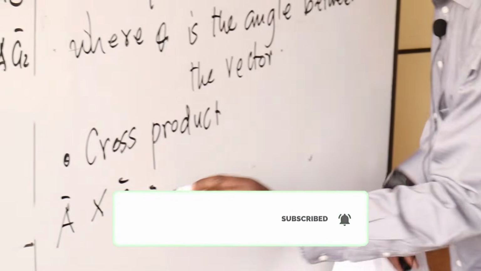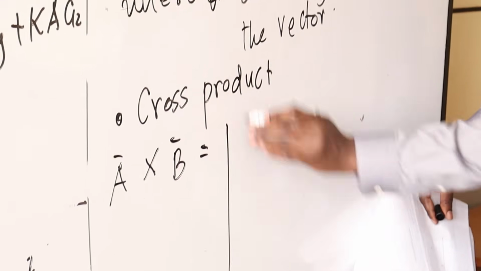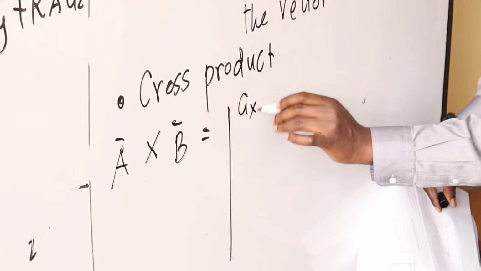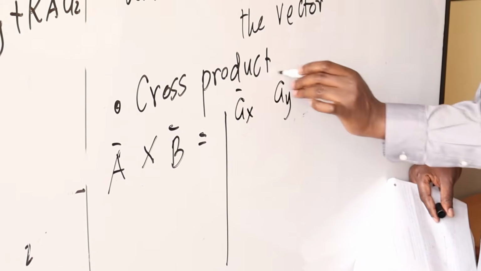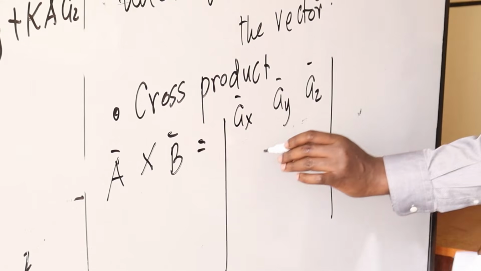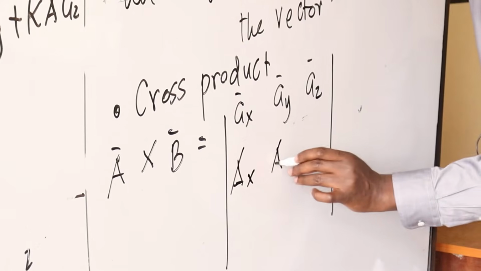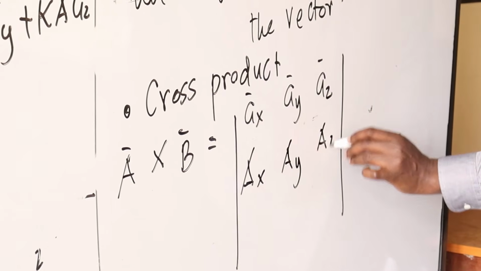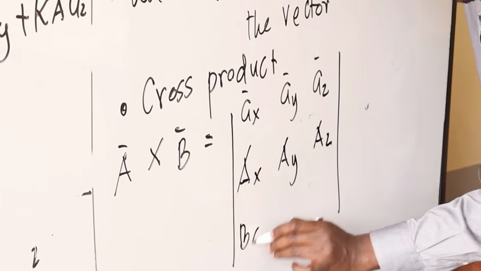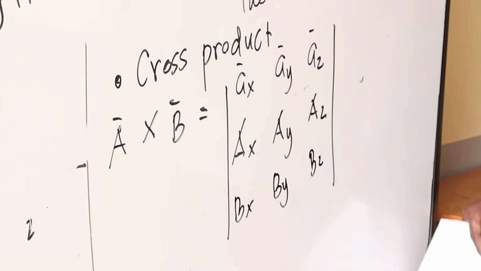If we assume a Cartesian coordinate system, this can be rewritten as the unit vectors AX bar, AY bar, AZ bar, then the magnitudes AX, AY, AZ, BX, BY, and BZ.